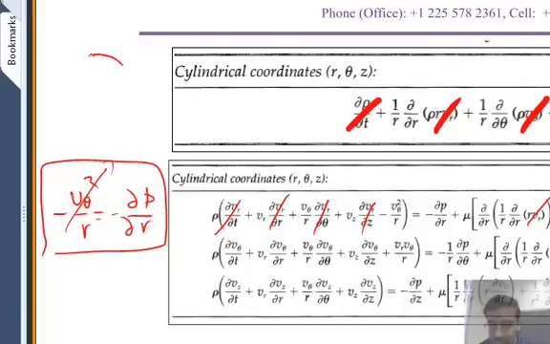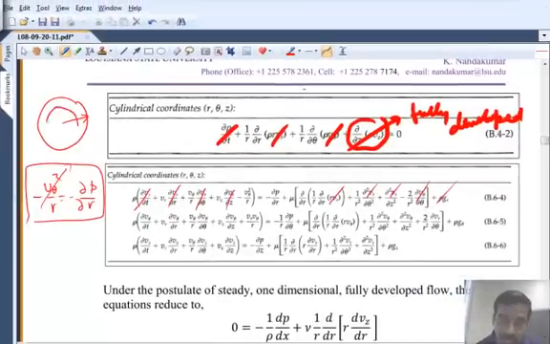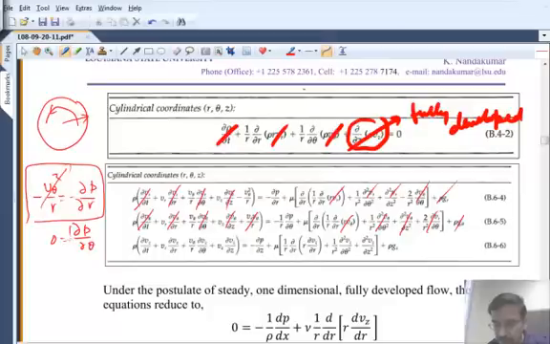If I take a cross section like this and traverse in the radial direction, there is no pressure variation. If I traverse in the angular direction, there is no pressure variation. The pressure variation is only in the axial direction, because that's where the flow is. The same goes for the theta equation: everything will be 0, giving 0 equals 1/r dp/d theta.